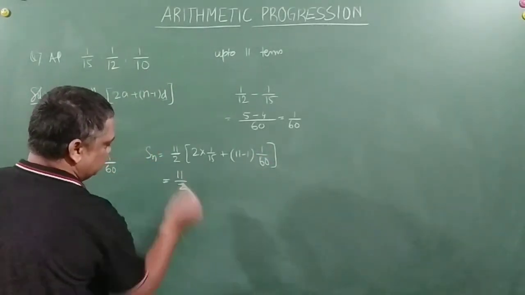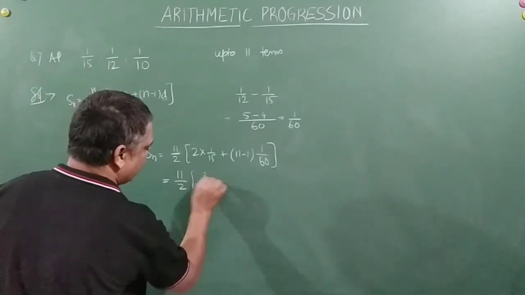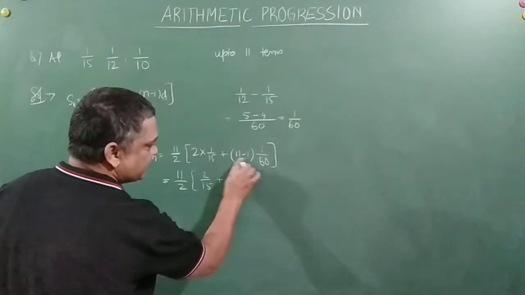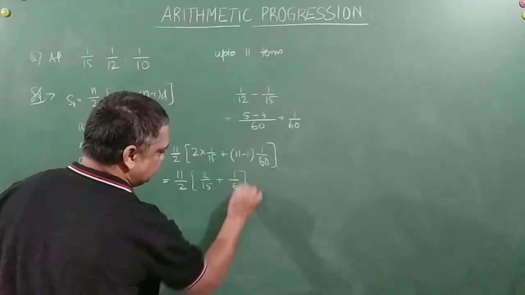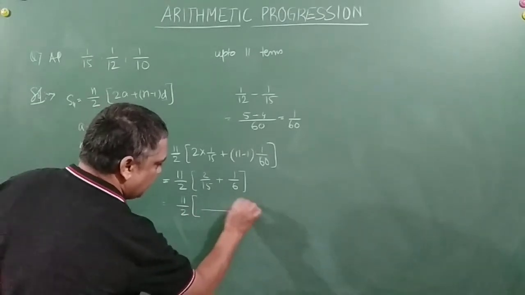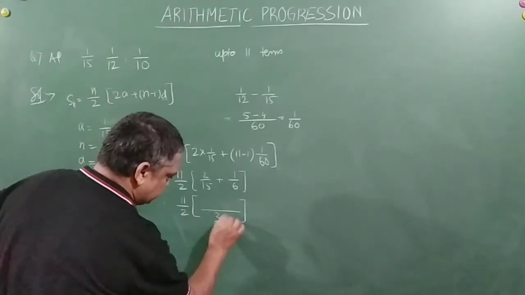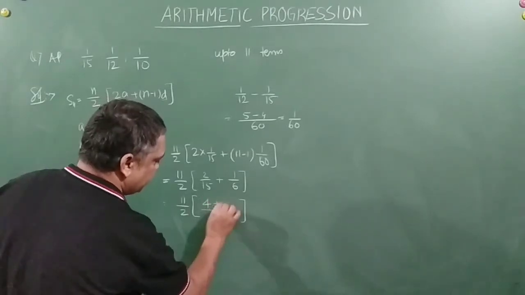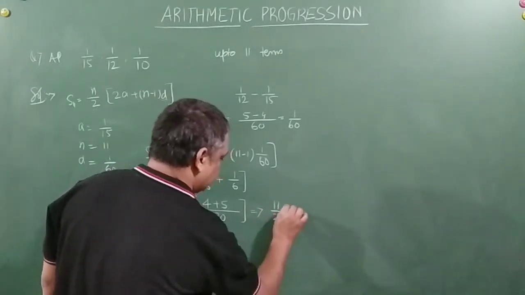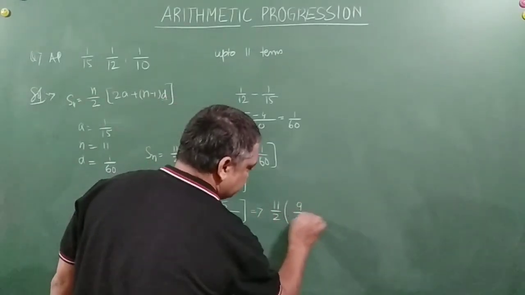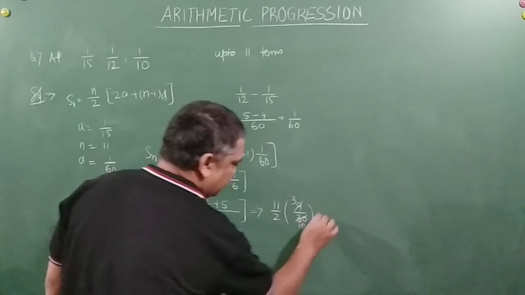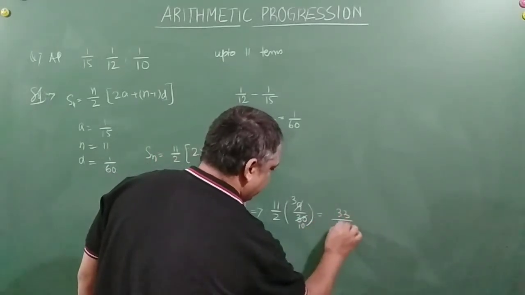So 11 by 2, this becomes 2 by 15 plus 10 by 60, so this becomes 1 by 6. Which is 11 by 2 into, with denominator 30, 4 plus 5, which is equal to 11 by 2 into 9 by 30, which is equal to 33 by 20.